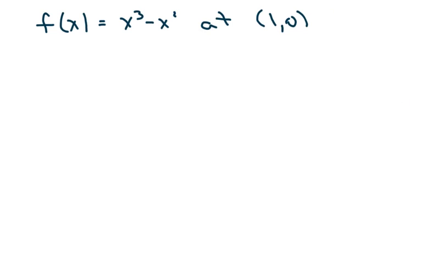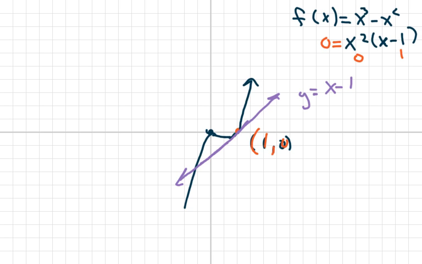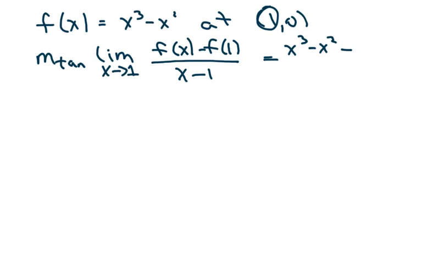Now the next one is not so difficult like the other one. So this one is going to go a little faster. We're going to find the slope of the tangent line as the limit as x approaches 1 of f of x minus f of 1, that's this part again, over x minus 1, which is x cubed minus x squared minus, and it's always a good idea, that's the graph, to plug that in.